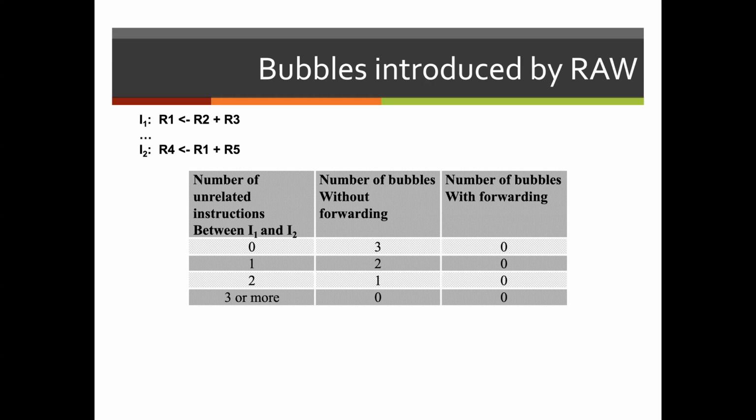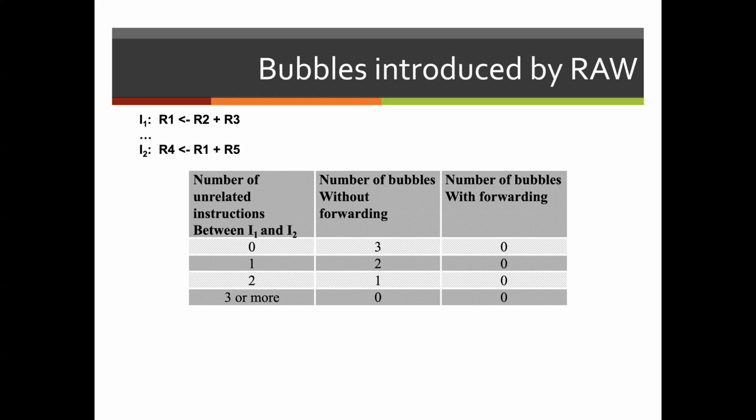And so let's consider how this might affect the number of bubbles that would be introduced for an example for a read after write. In this case, we see that if we do not have unrelated instructions in place, then it's going to introduce at least 3 bubbles without forwarding.